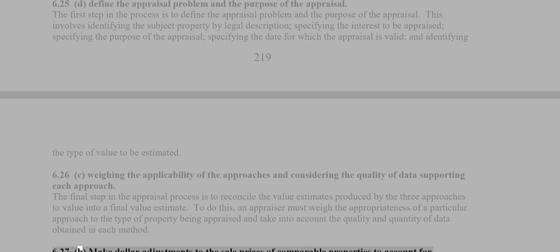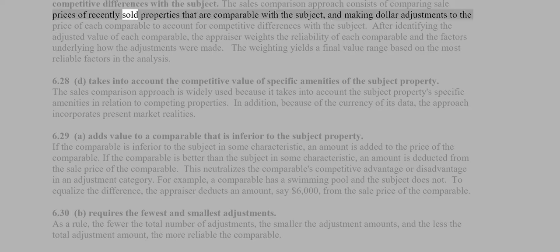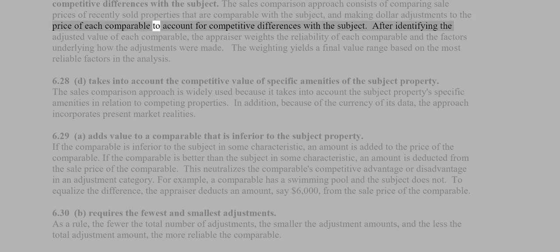6.27 b. Make dollar adjustments to the sale prices of comparable properties to account for competitive differences with the subject. The sales comparison approach consists of comparing sale prices of recently sold properties that are comparable with the subject, and making dollar adjustments to the price of each comparable to account for competitive differences with the subject.